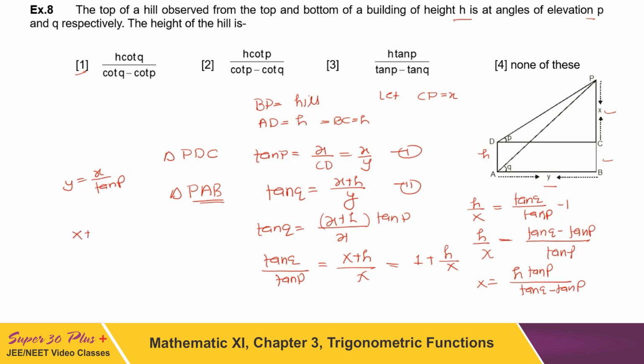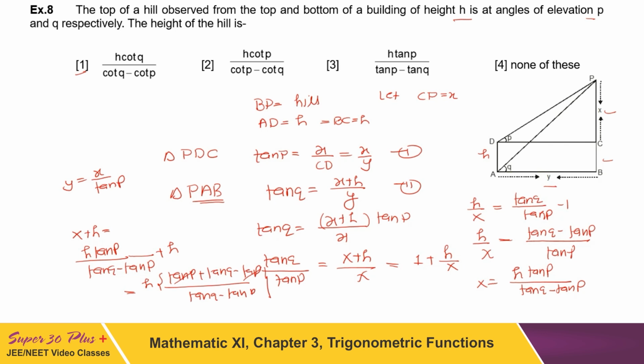The value of x plus h is equal to h tan p whole upon tan q minus tan p plus h. Now again simplify it, h is common and it is tan p plus tan q minus tan p whole upon tan q minus tan p. After solving, tan p and tan p cancel out and our answer is h tan q upon tan q minus tan p.